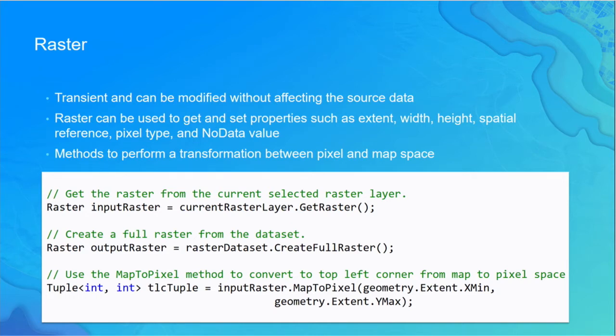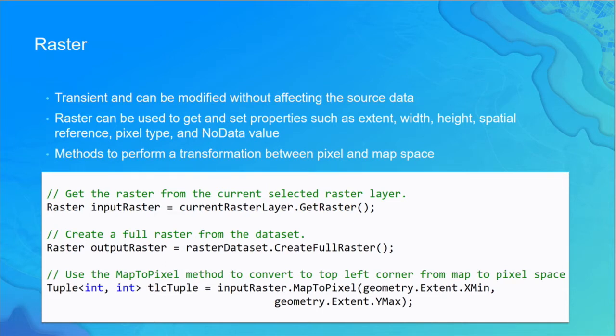So the first line is the top-down approach from the layer to the raster. The opposite approach is we're coming up from the raster dataset and then instruct the raster dataset to give us a raster representation.